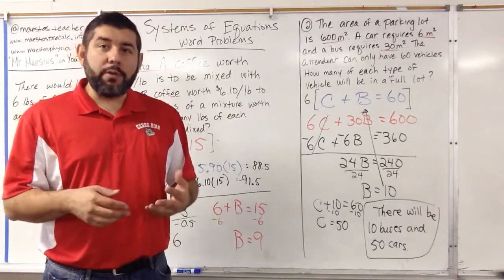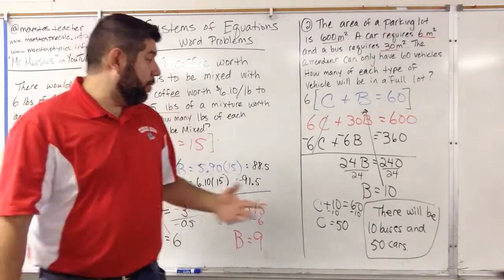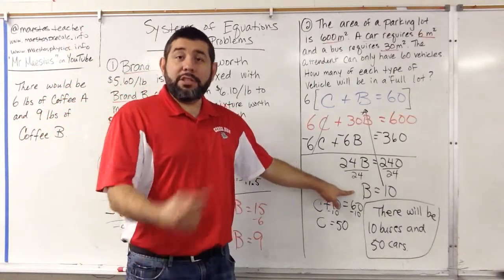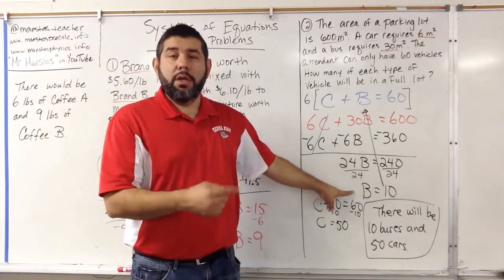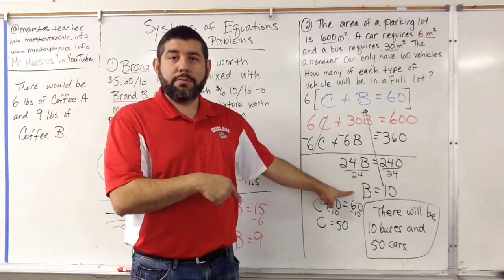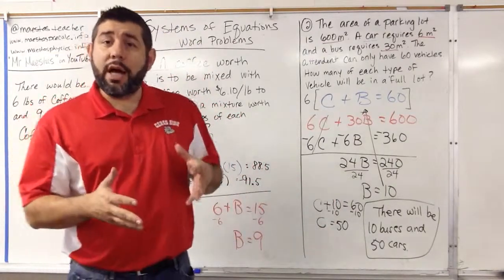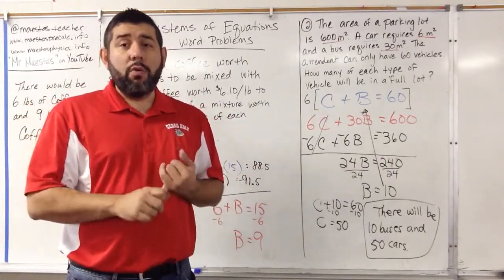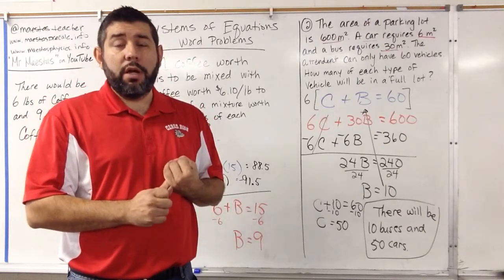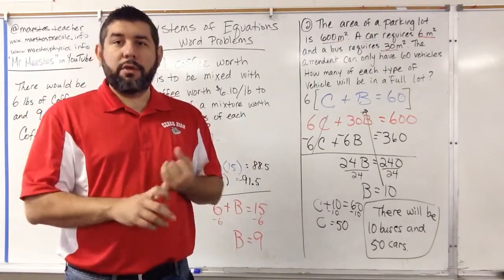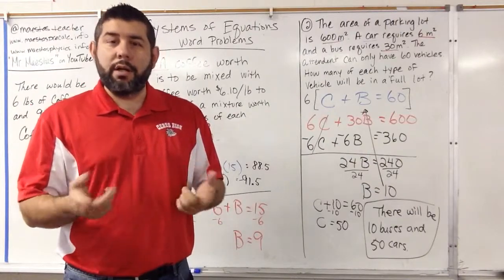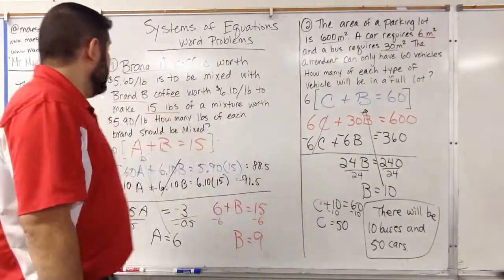So you have to be careful, and if you solve for B first, but they're actually asking for how many cars, you're going to want to find the number of cars and then go back and answer the question correctly. So be careful, take your time and read the directions and know which variable you're solving for. If you're solving for both of them, great. If you're solving for one, make sure you have the right one when you plug it back in.